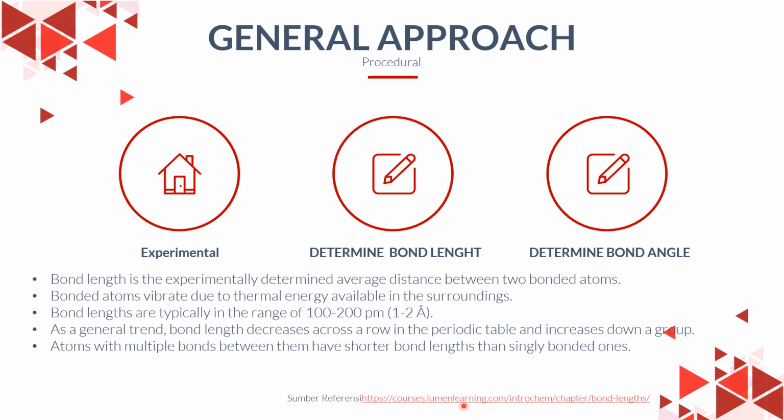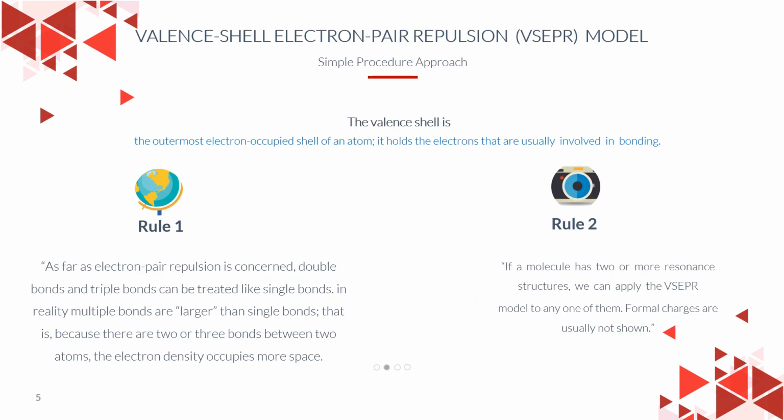But in this session, we use a simple approach, the valence shell electron pair repulsion, or VSEPR model, in which we consider the electron pairs. There are two kinds of electron pair on the central atom: lone pair electrons or bond pair electrons. So let's see how we can determine the geometry of any substance.